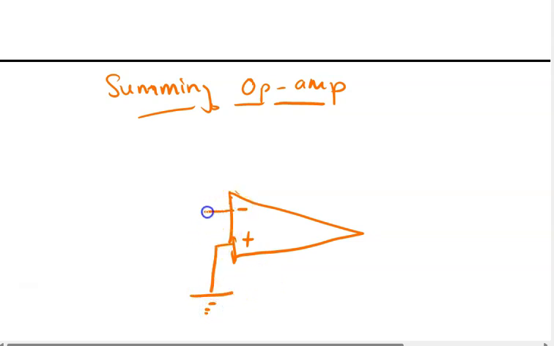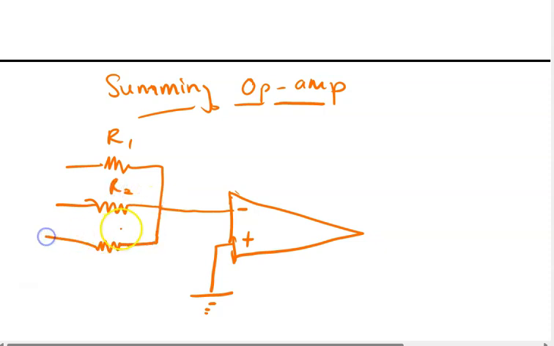But with this inverting side, I have multiple resistances. That is, let's say R1. Then I have another resistance, that is R2. And I have another one, which is R3, right? And we have V1 here, V2 here, and V3 here.